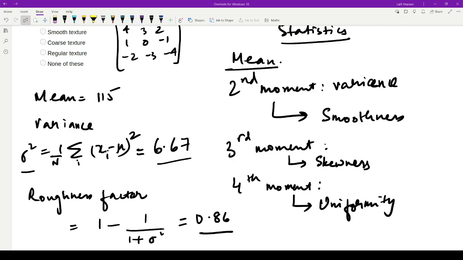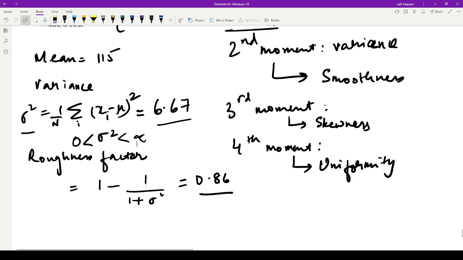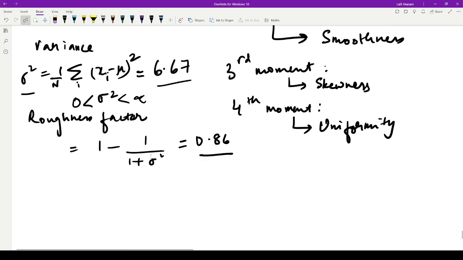What is the range of sigma? Sigma square can vary from 0 to infinity. Yes, that's the whole range. So I guess now we got the idea. If sigma square is 0, this value is 0.